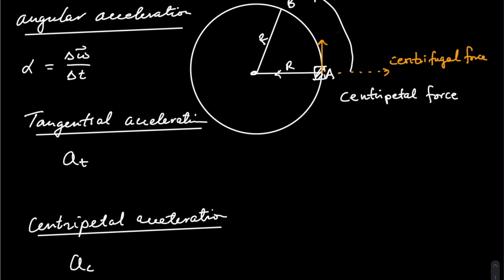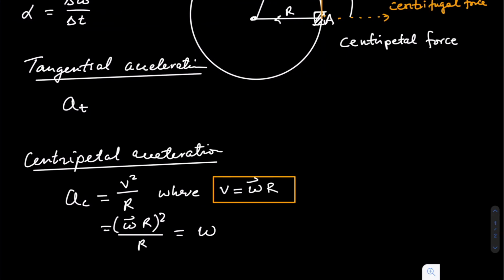The centripetal acceleration is actually given by omega squared r. The tangential acceleration will be given by angular acceleration multiplied by the radius. This is the same as the change in velocity over the change in time, because this is acceleration.